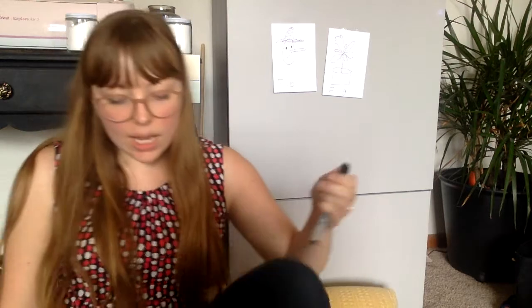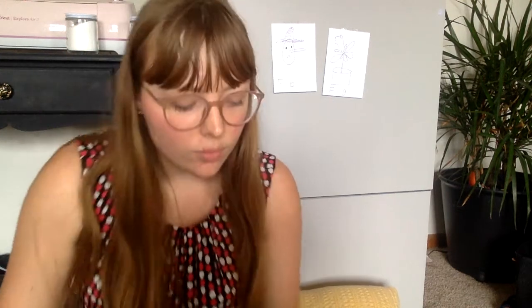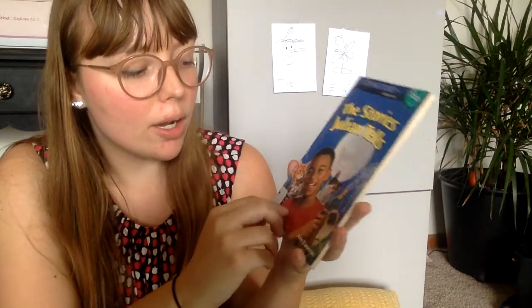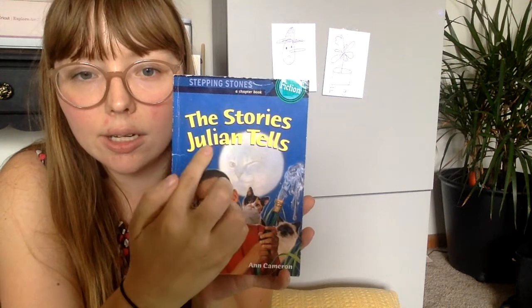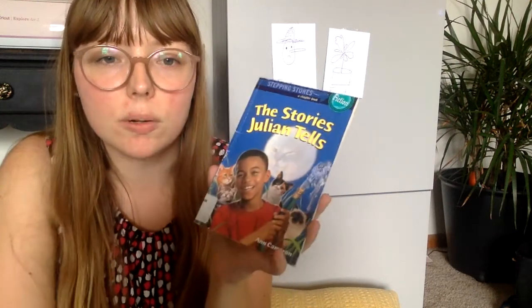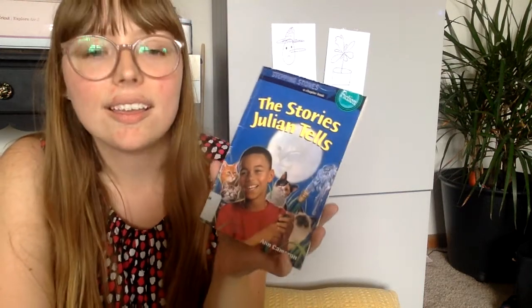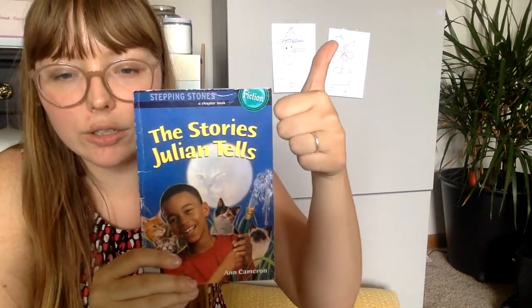So, when we want to retell a story, what are some of the things that we need to do? What are some of the things that we need to include? I see on the book there's a person, and I see the name Julian. When we see or read about a person and a name in a story, what is that called? Character. So one thing when we retell a story is we need to have the characters.